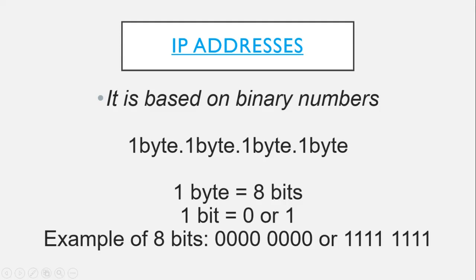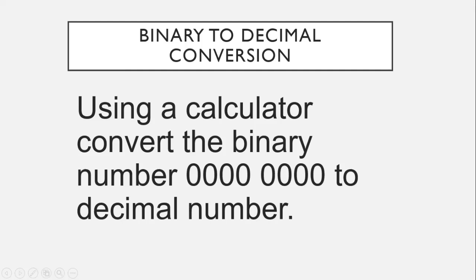So this is an example of an 8-digit binary number, and the maximum 8-digit binary number that you can have is 11111111.